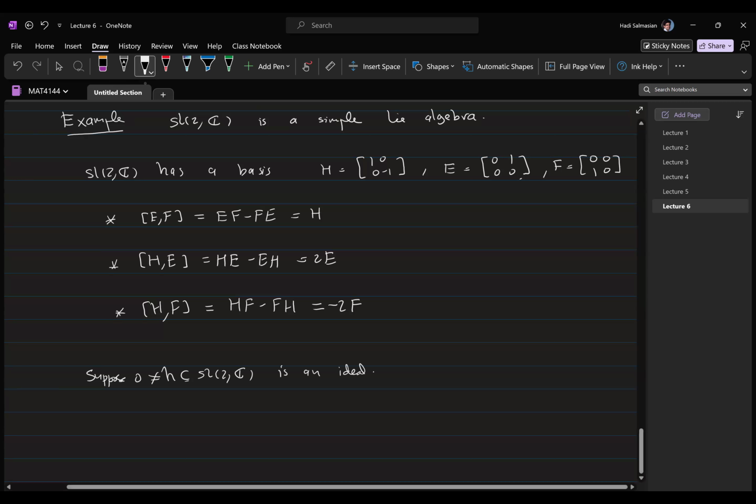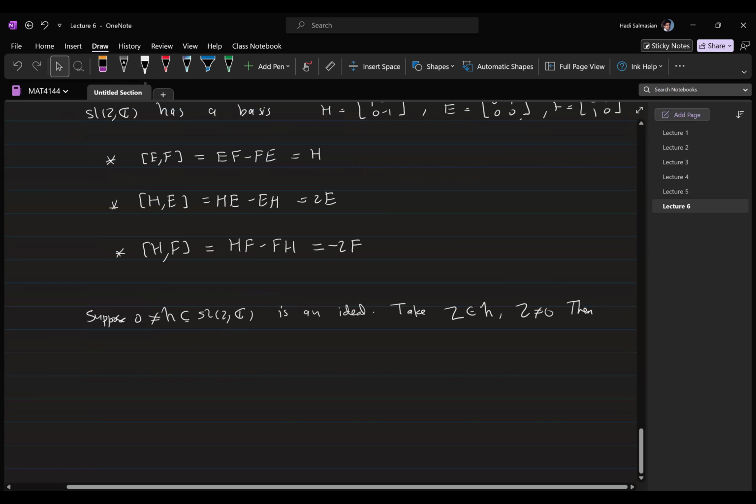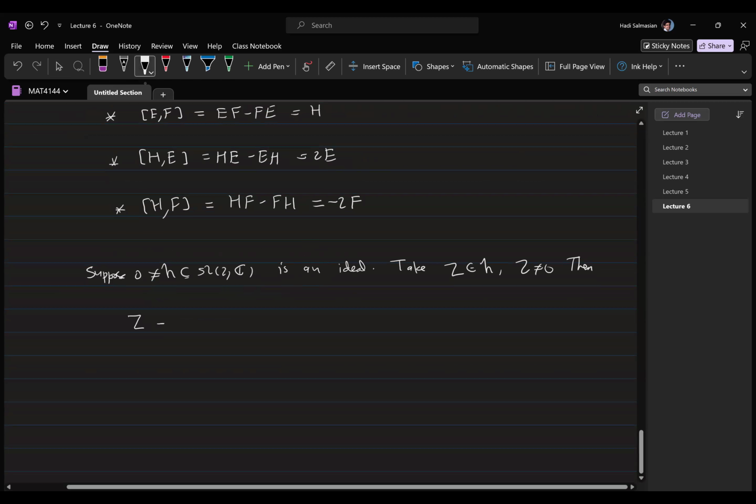So let's take some element in H, non-zero. Then how can I express this element? Then this element is of the form aE plus bF plus cH, for complex numbers a, b, c.